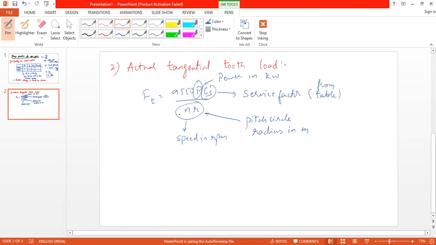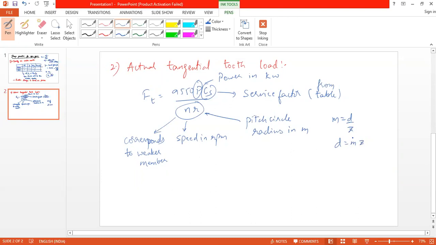These two, N and r, correspond to the weaker member. So if gear 1 is the weaker member, then r is the pitch circle radius of the weaker member. You know that r is equal to d by 2, or d is equal to m z.